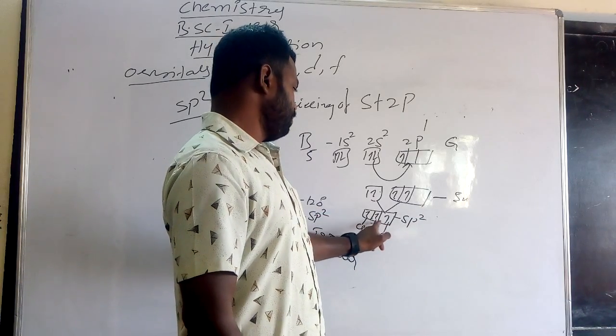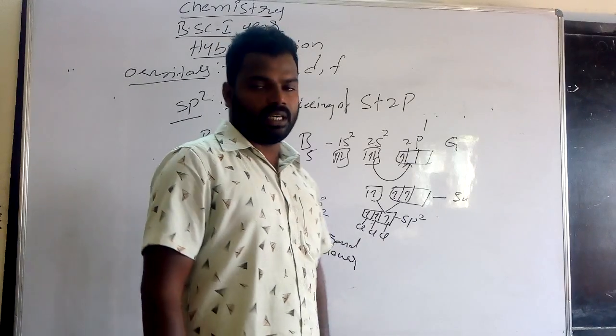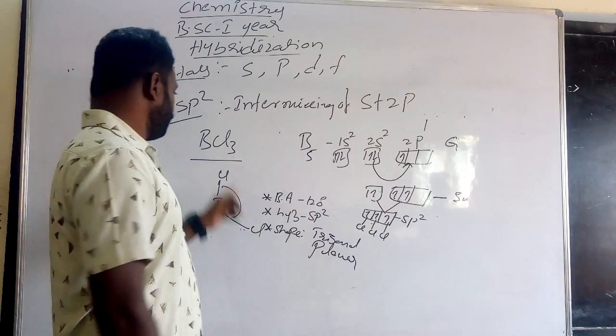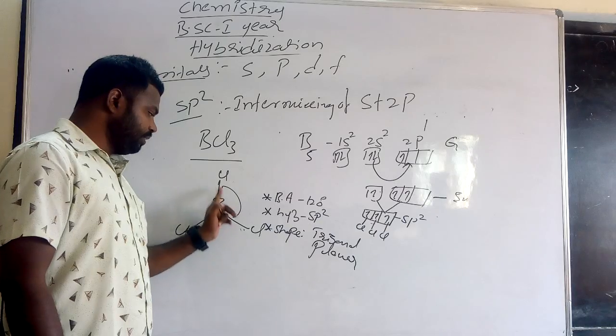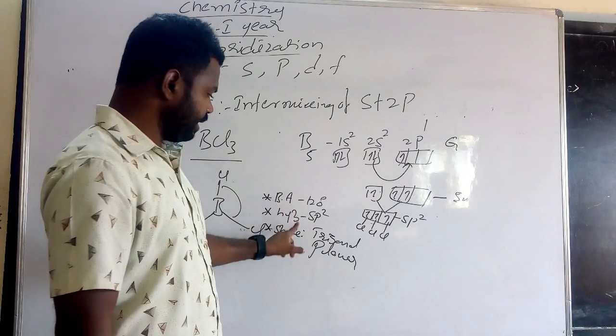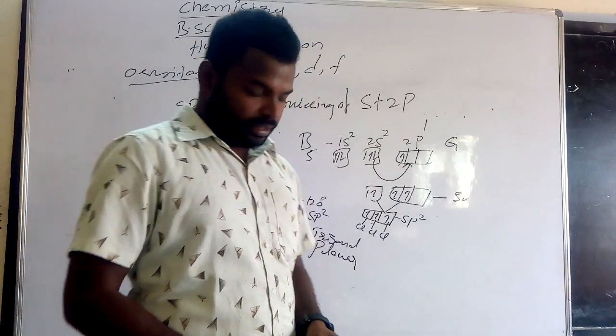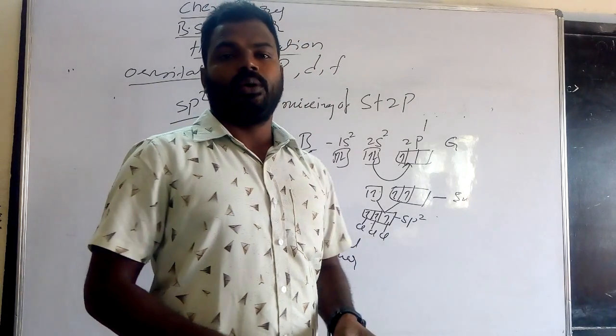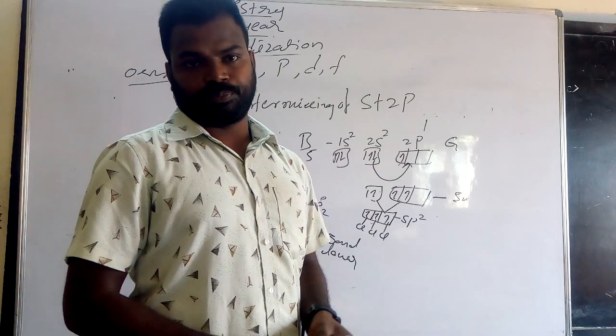Now these unpaired electrons react with three different chlorines to form the BCl3 molecule. In between every two chlorines the bond angle is 120 degrees, hybridization is sp2, and the shape of the molecule is trigonal planar.